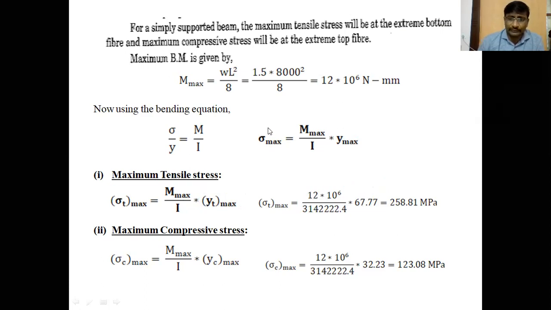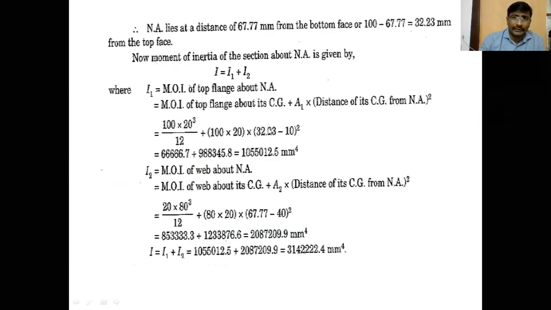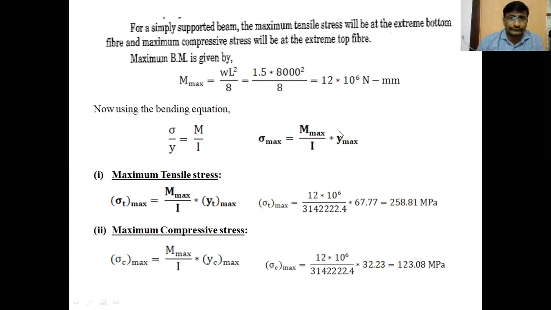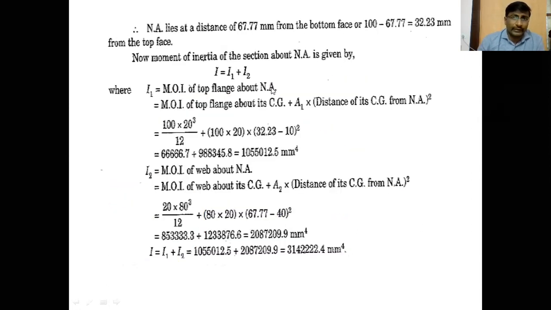The neutral axis lies at a distance of 67.77 millimeter from the bottom face. This is the yt maximum. It becomes 32.23 mm from the top face. It becomes the yc maximum distance.